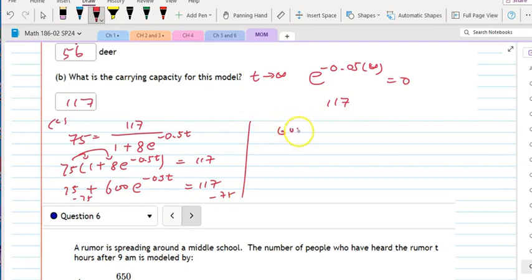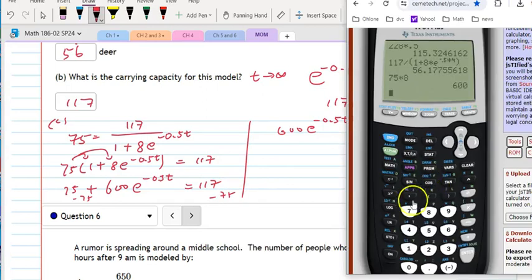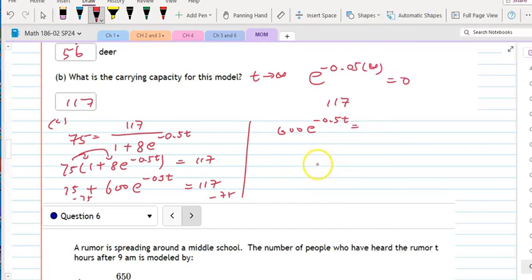So 600 e to the negative 0.5 t would equal 117 minus 75, which equals 42. Now this is a normal exponential equation.